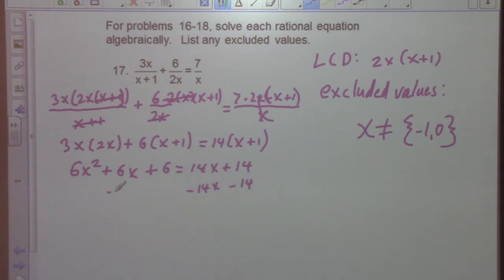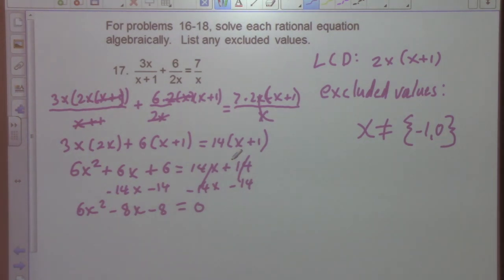So we have left 6x squared minus 8x minus 8, and that's going to be equal to 0. Okay, so we got 6x squared minus 8x minus 8 equals 0.